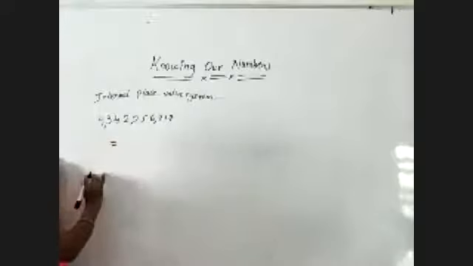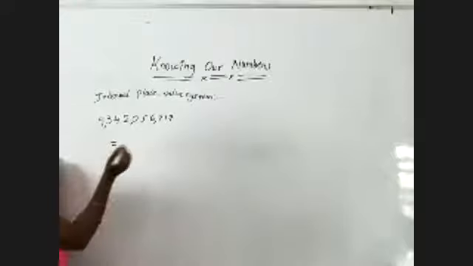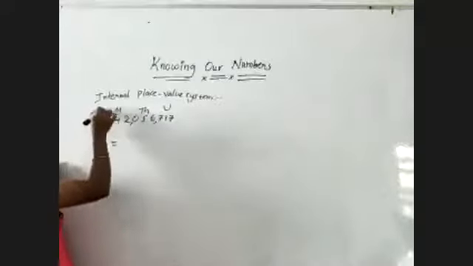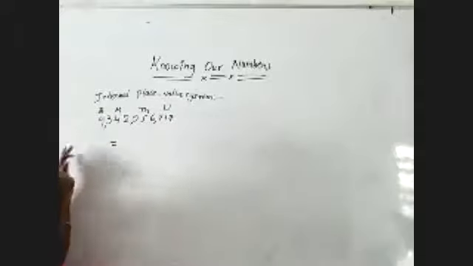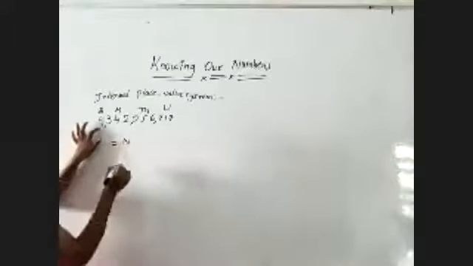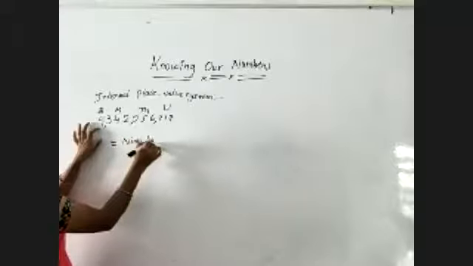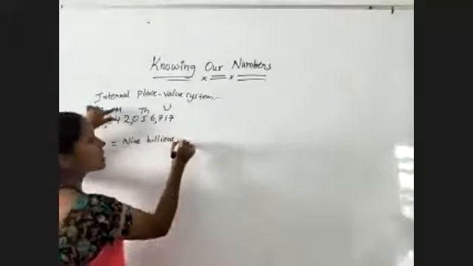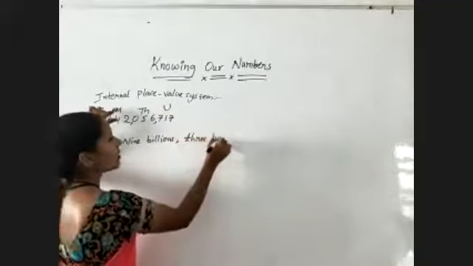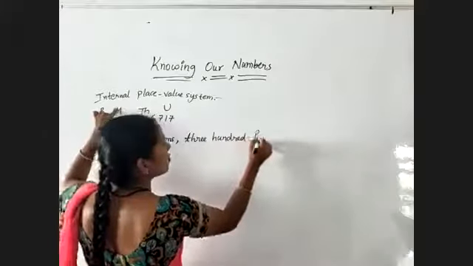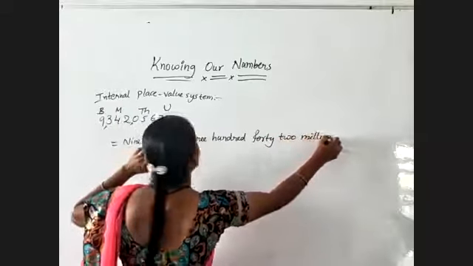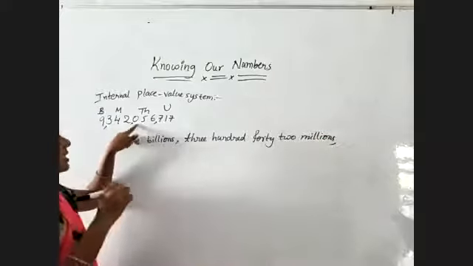So this is like millions. After the millions will be billions. So write the number 9 billion. In billions, 9 is there. 9 billion, 342 million, 056 is there in the thousands place.